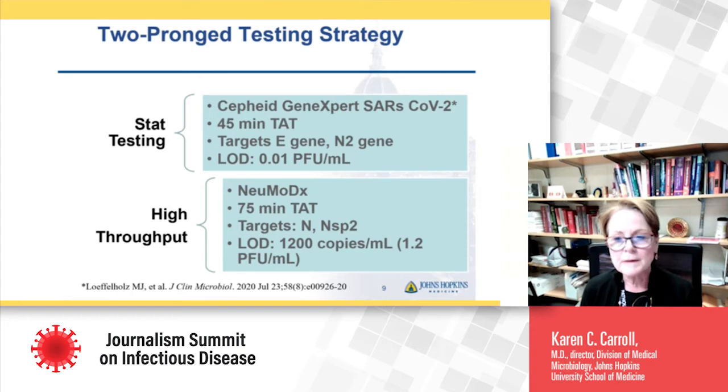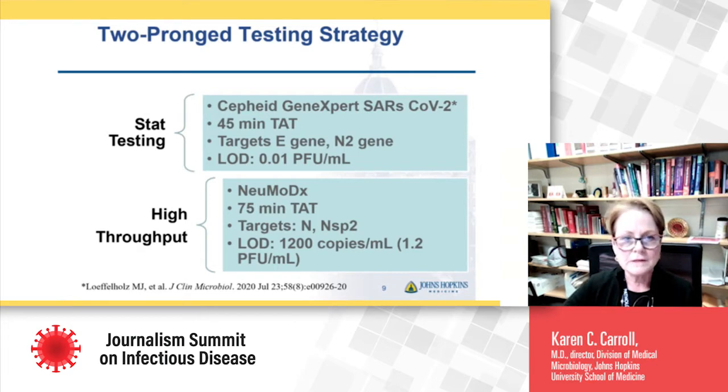So we developed a 2-pronged strategy where we performed stat testing on the Cepheid GeneXpert instrument, which became available in early April. And then we ordered 2 high-throughput instruments called the NeumoDX 288. And the NeumoDX allowed us to perform 288 tests per 8-hour period. So this really did help us.